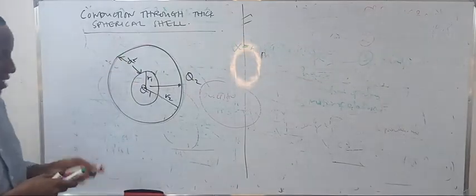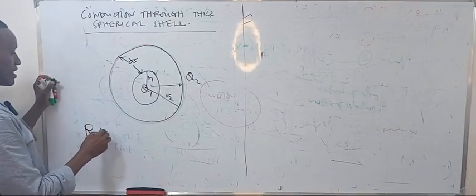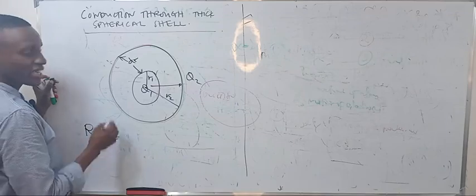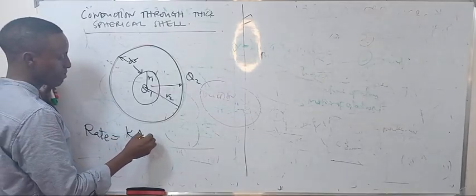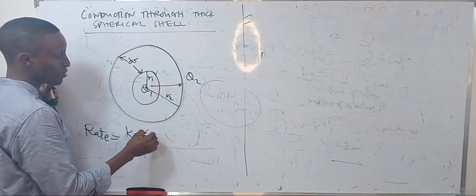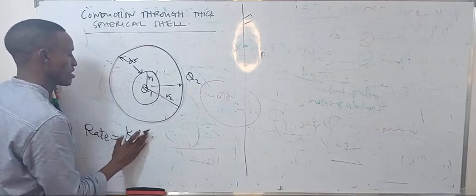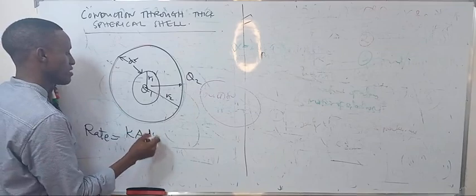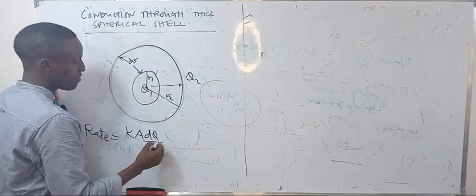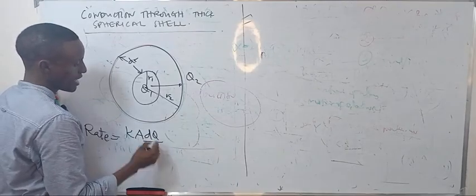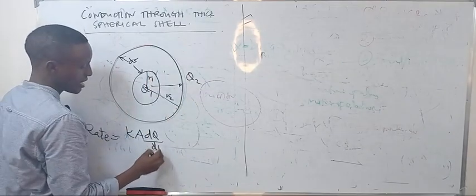So the rate of flow of heat will be equal to heat per time, which is K times area times the temperature difference, theta, the change in temperature between the hot and the cold, over a given length, which is the change dr there.